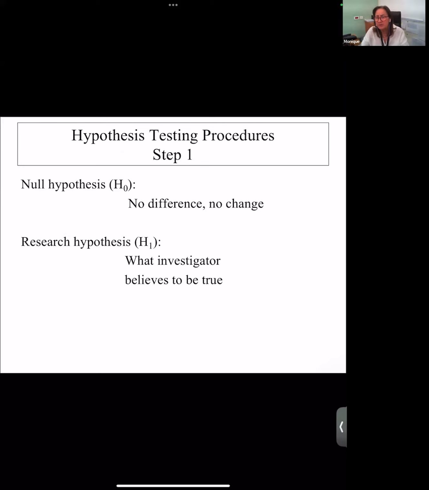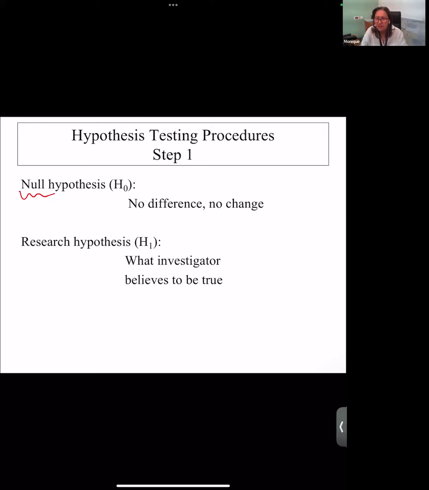In hypothesis testing, the first step is to state your hypothesis. What are your expectations? And hypothesis is of two types. The hypothesis of no difference, we call it the null hypothesis. Null means zero. We call it H naught or H0. It means that there is no difference between what you expect and what you find.